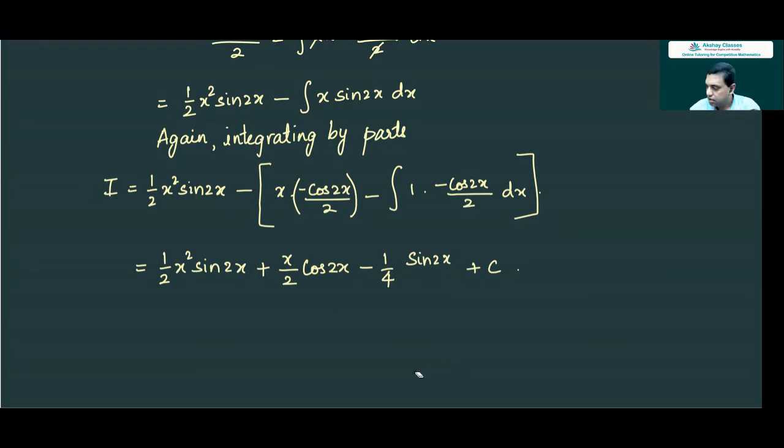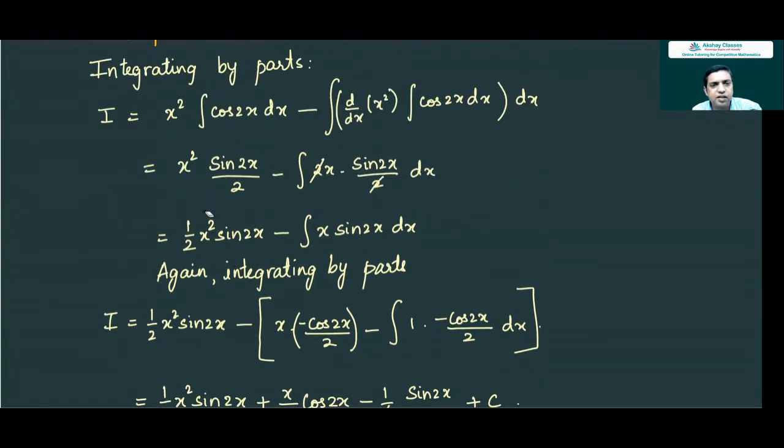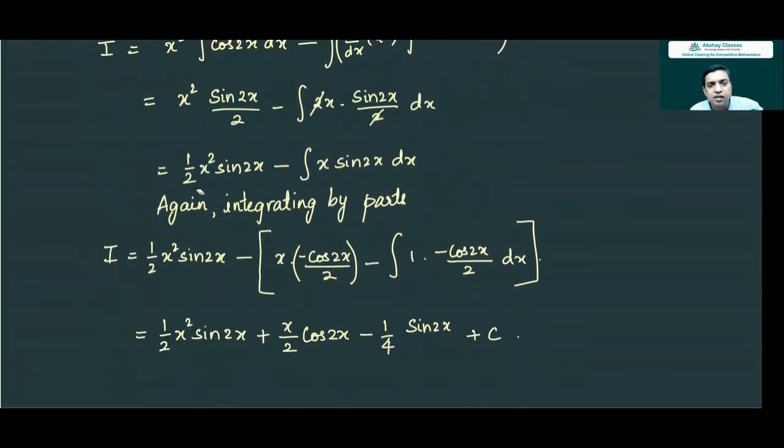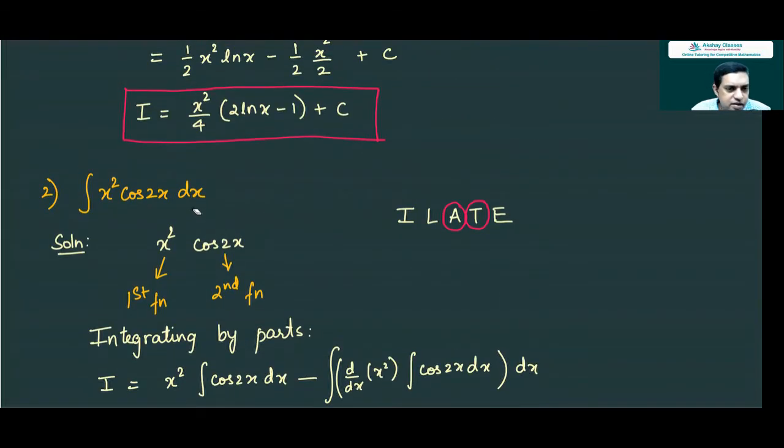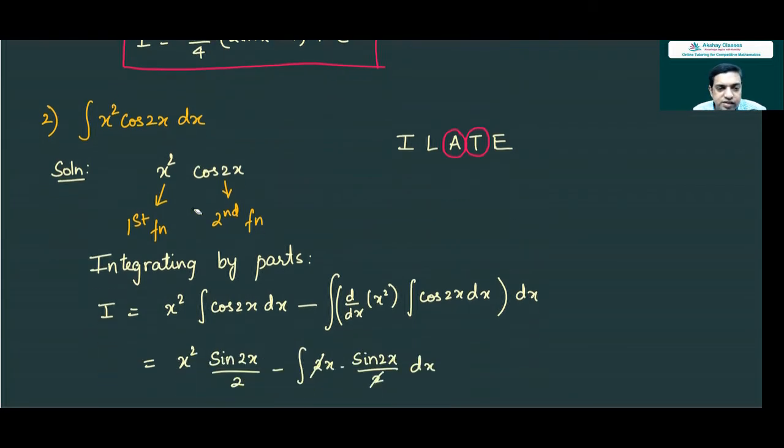So this is integration by parts. Of course you can collect the sine 2x terms and cos 2x terms separately and simplify further. But this is the case where integration by parts is used twice.